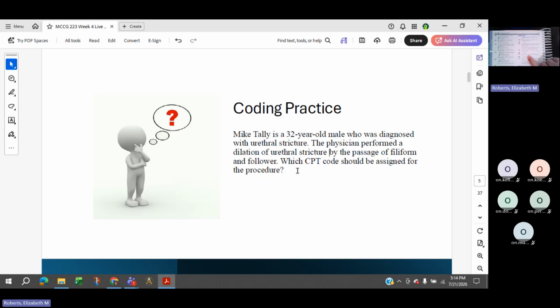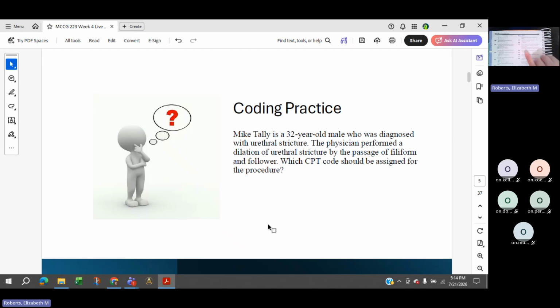53605 is dilation of urethral stricture or vesicle neck by passage... sorry, I kind of forgot that, right? How did we do this? We did this urethral stricture dilation by the passage of filiform and follower. But 53600 says by passage of sound or urethral dilator. We didn't do that, right? So we know 600, 601 are no good.